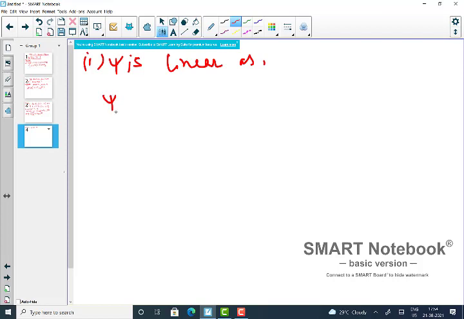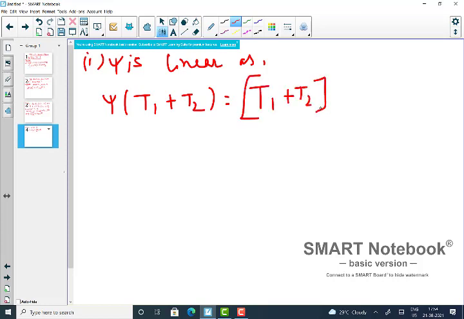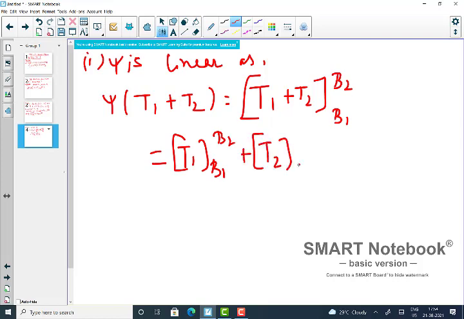Psi of T1 plus T2 has to be equal to the matrix of T1 plus T2 with respect to the bases B1, B2, and you proved last day that this is nothing but the matrix of T1 plus the matrix of T2, and this is obviously psi of T1 plus psi of T2.